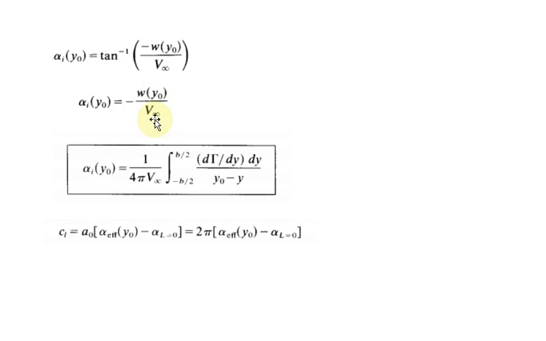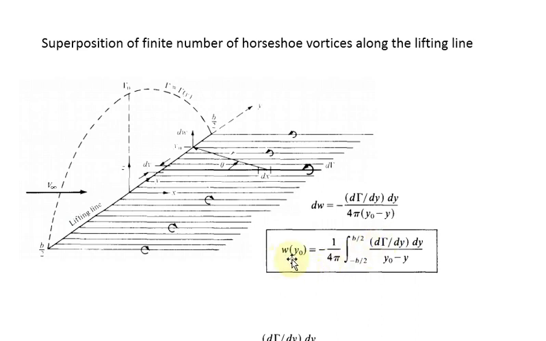Now you substitute that into another equation, the total induced angle of attack value. The induced angle of attack is found from the 1 by 4 pi h expression, which we previously derived.